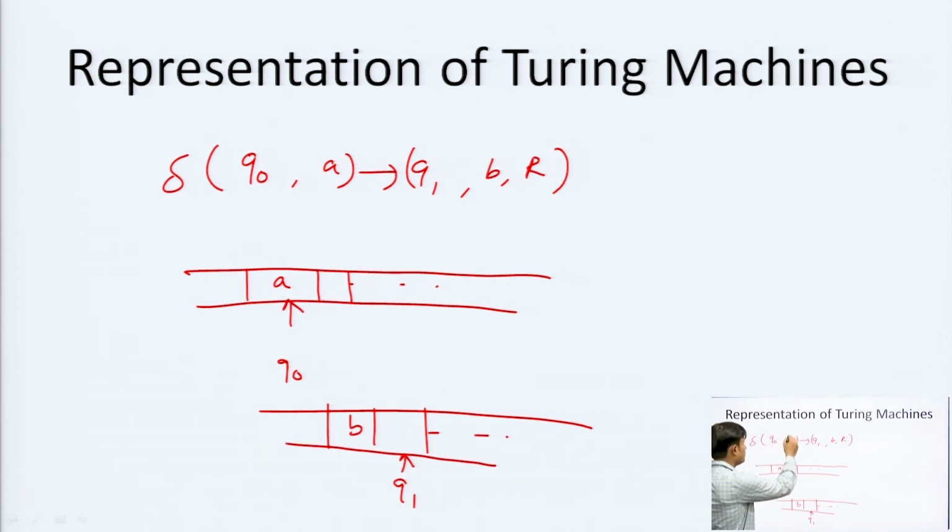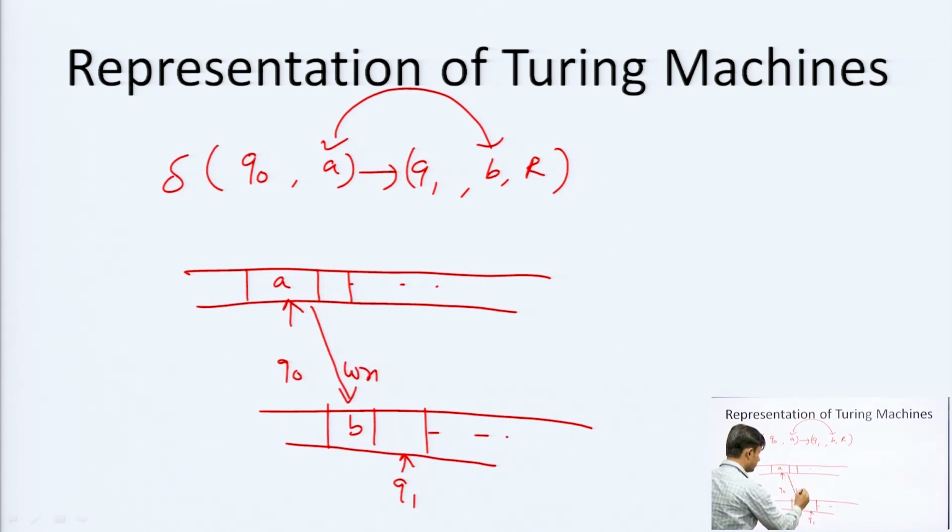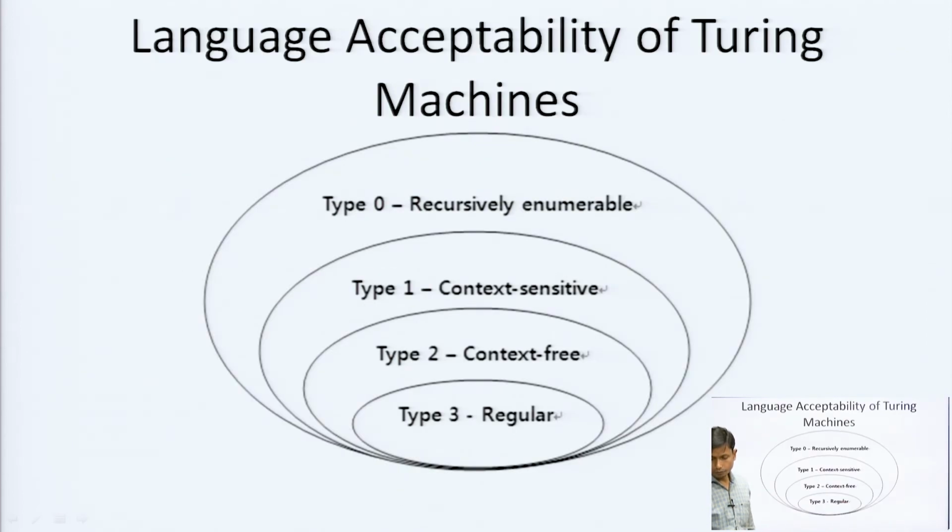When you have input A, you read the input and replace it with B, you write on the tape. Here we write on the tape, and move right. So A is replaced and B is written on the tape and move right. Similarly, we can have the left direction, you can write something; that is how the Turing machine works. We will do more examples.